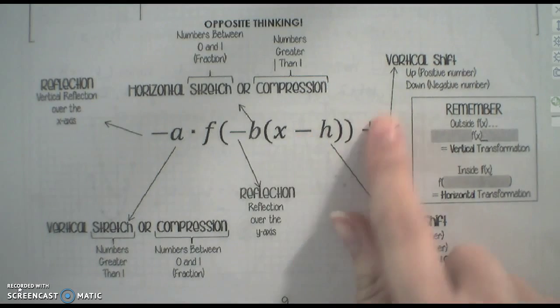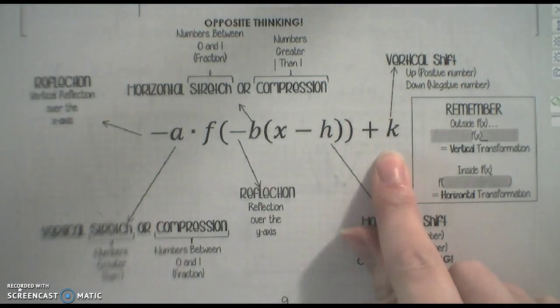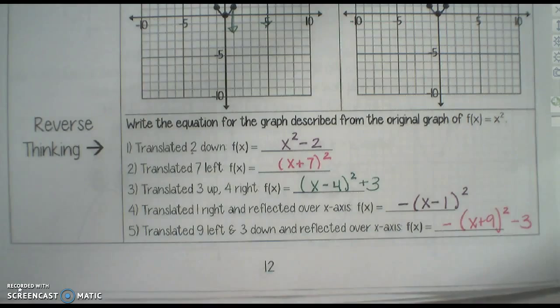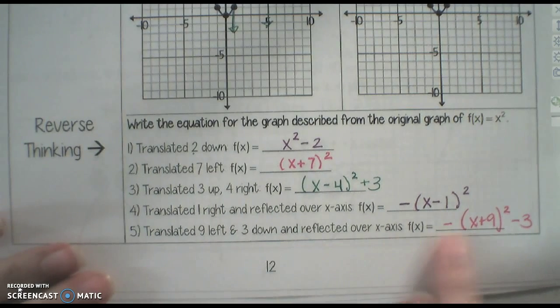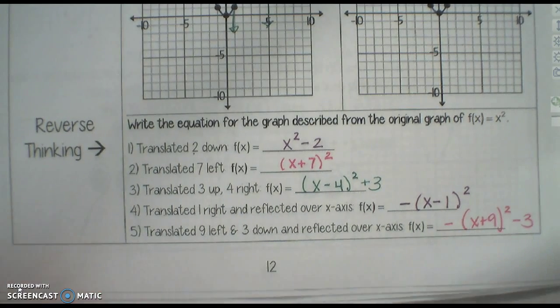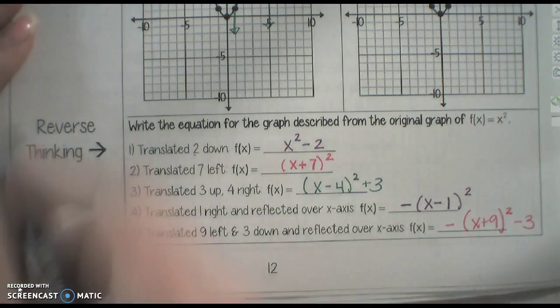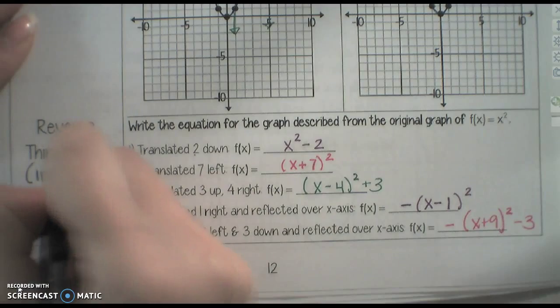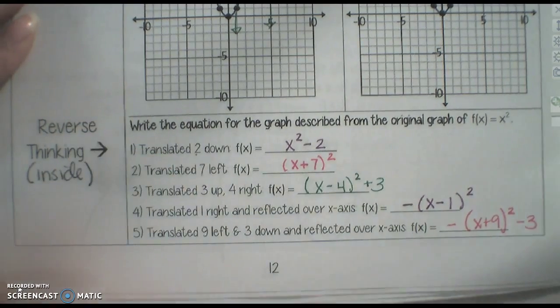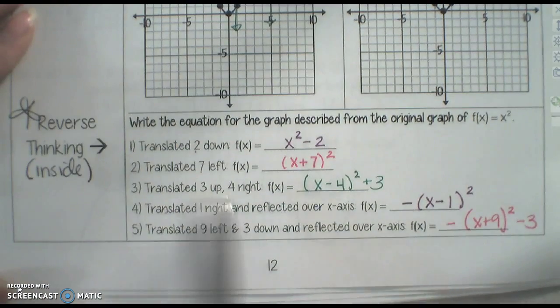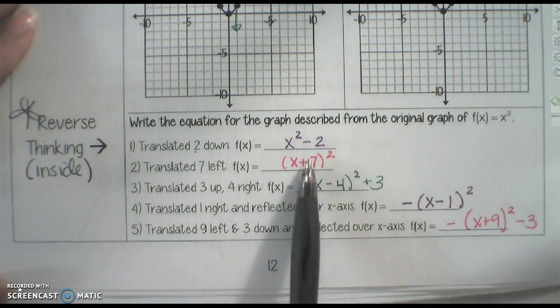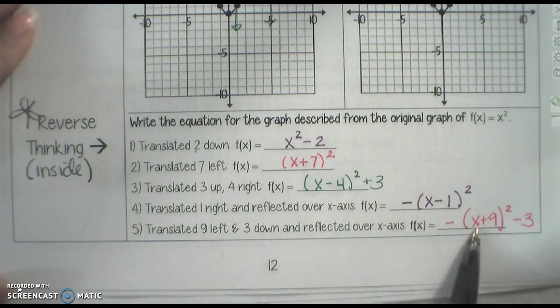Up and down, that's where your number goes there. So page 9 can help you if you're struggling with putting them into the right spots. So remember, reverse thinking when it's on the inside. Very, very important in this section that you remember that reverse thinking when you're putting things back inside those parentheses.